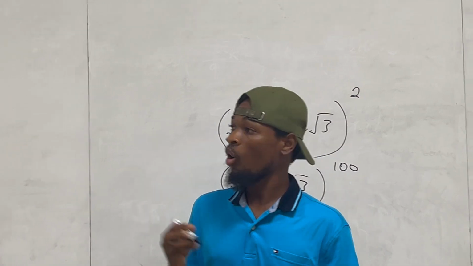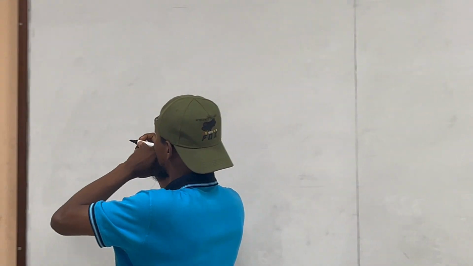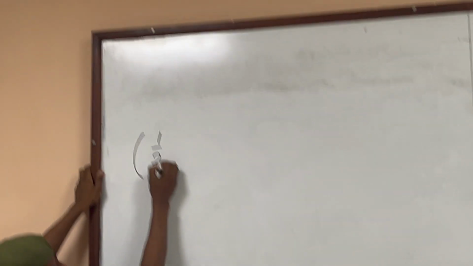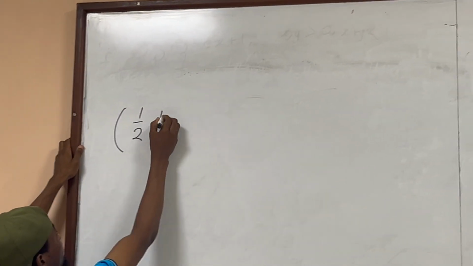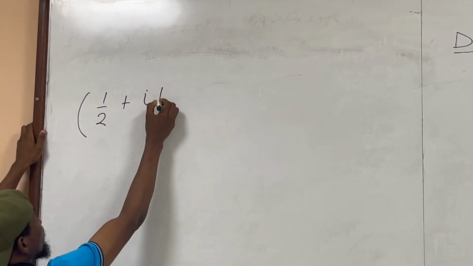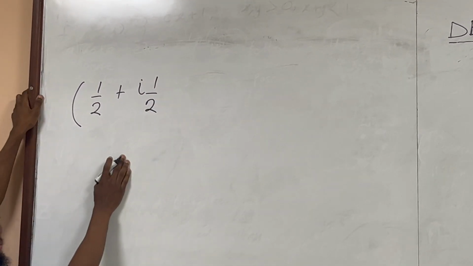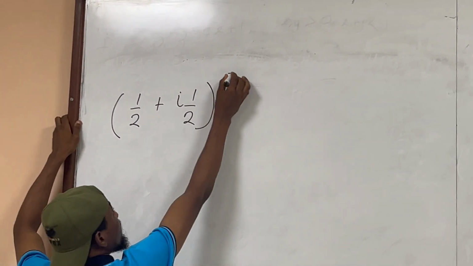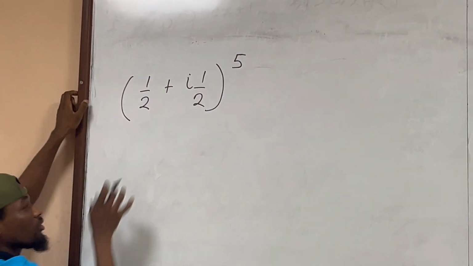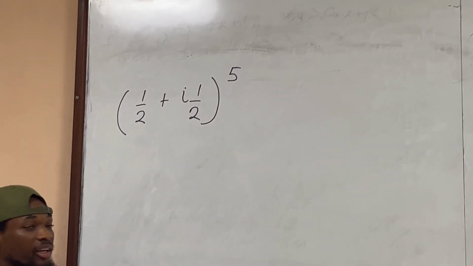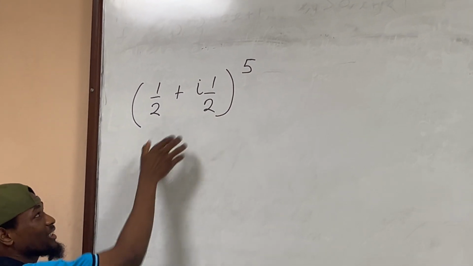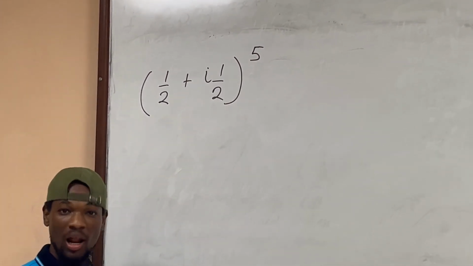Evaluate, or find, (1/2 + i/2) raised to the power 5. Let's solve for this. Remember, this is in the rectangular form, right? You can change this to the polar form.